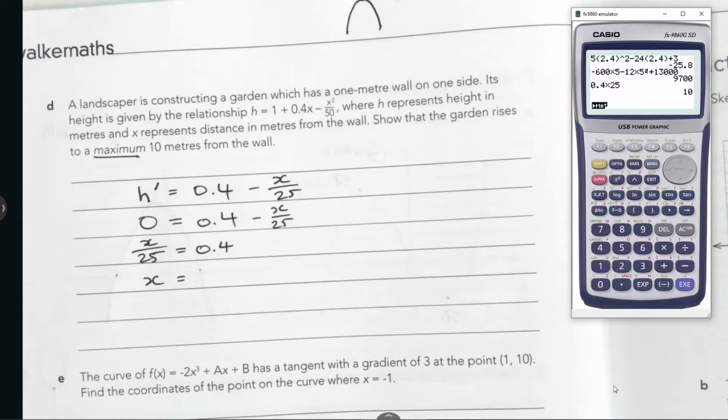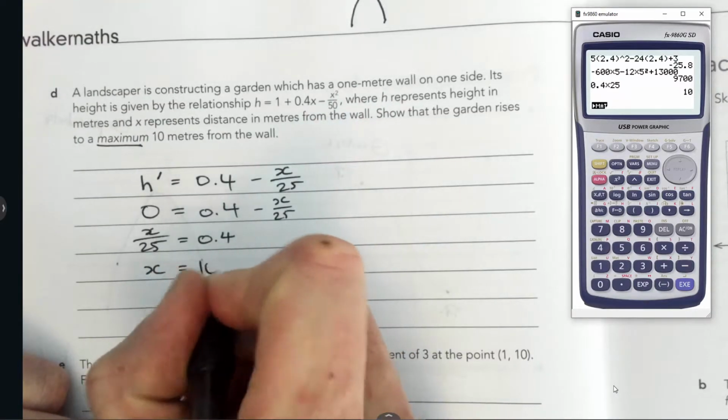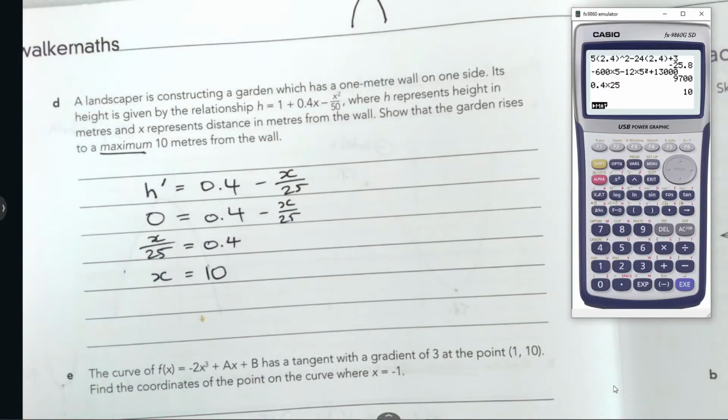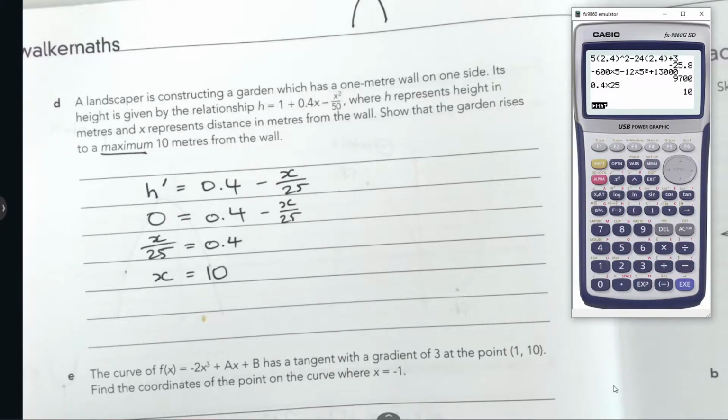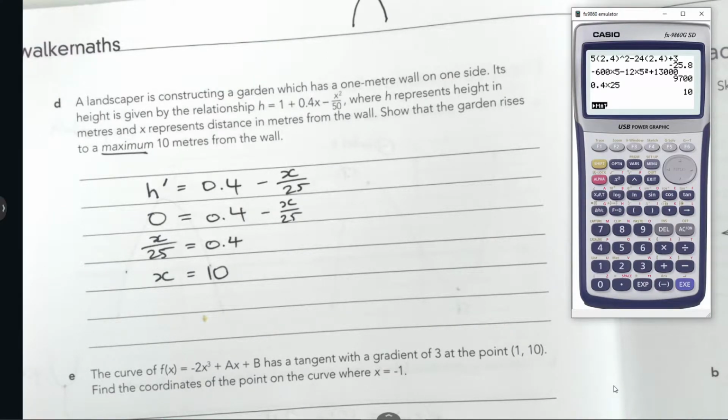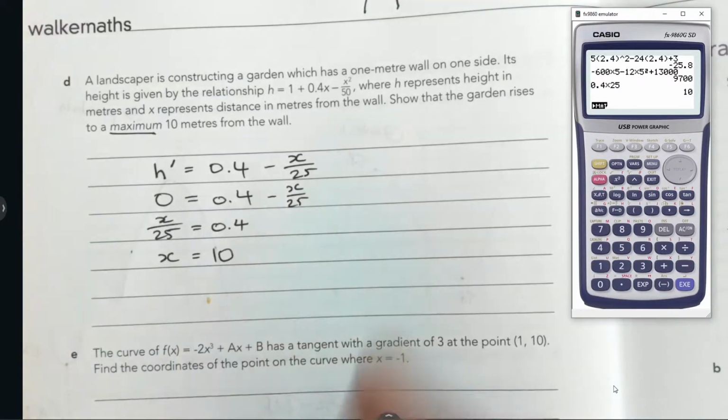Shucks. What did I do wrong there? Man. So we use calculators, people. 25 times 0.4. What I did was I divided 25 by 4. And I got 12.5. 6.25. And now I should be able to times it by 10. Oh. I don't know. Yeah, my brain's sketching out.